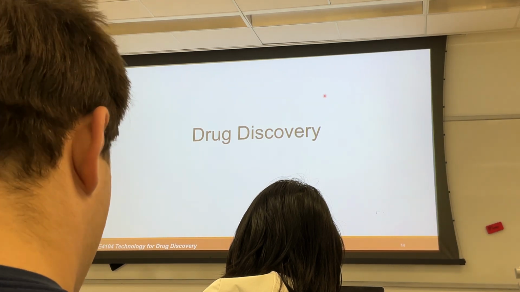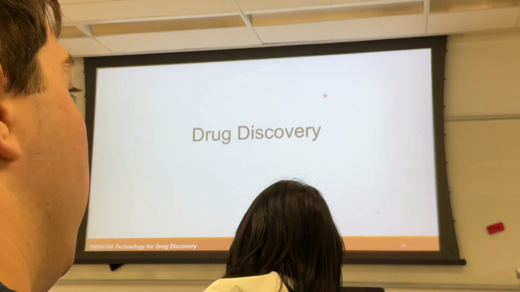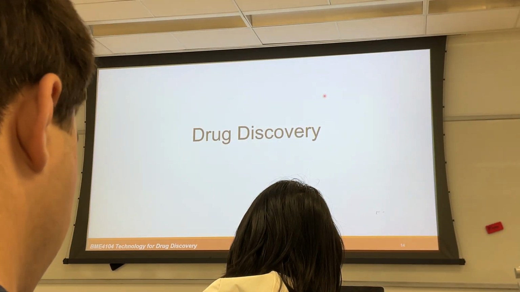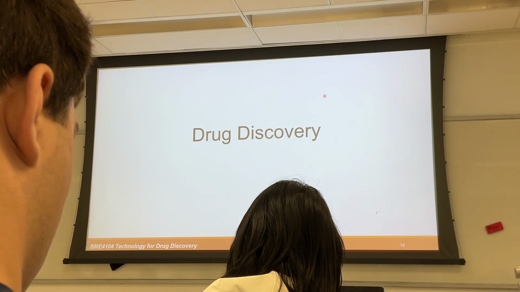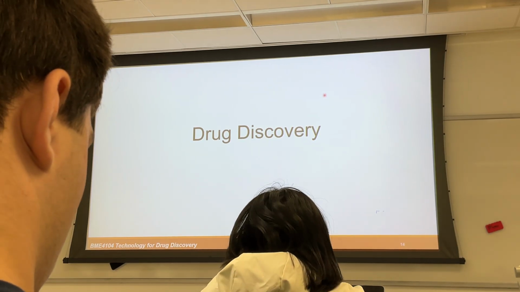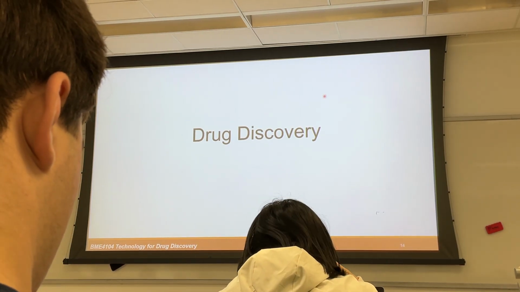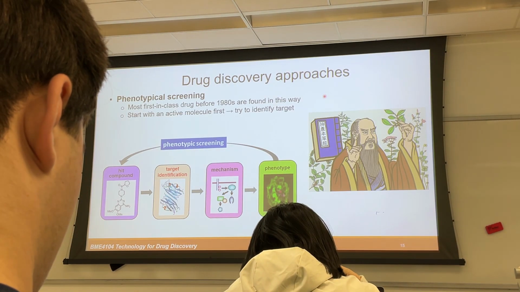So let's see. We now know it's a hard job to screen drugs to find the perfect drug. Now we're going to talk about some major ways people can use to screen or discover a drug.